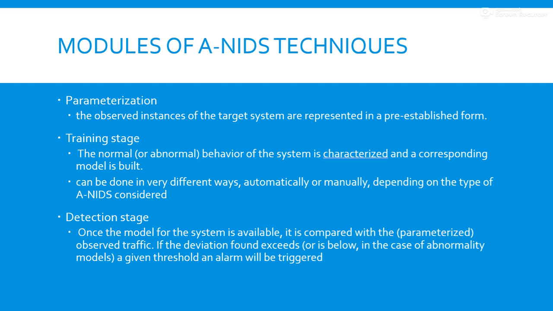Okay, now we are going to discuss anomaly based network intrusion detection system techniques. Because an anomaly based intrusion detection system is looking for an activity or traffic that is not normal. An anomaly is some action that deviates from the normal behavior.